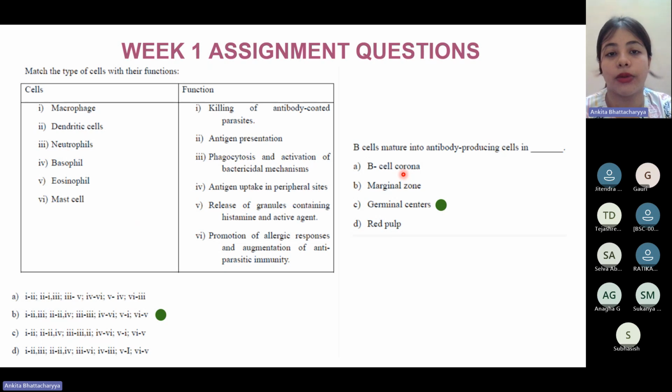Next question was about B cells and how they mature into antibody producing cells, and in which part. The options were the B cell corona, marginal zones, germinal centers, and red bulb. You might not be familiar with all of the options. It's not even necessary. What you need is conceptual soundness in this case. We talked about germinal centers being present towards the cortical region, and how they are the sites of hyperactive B cell maturation, occurring very quickly and very randomly.